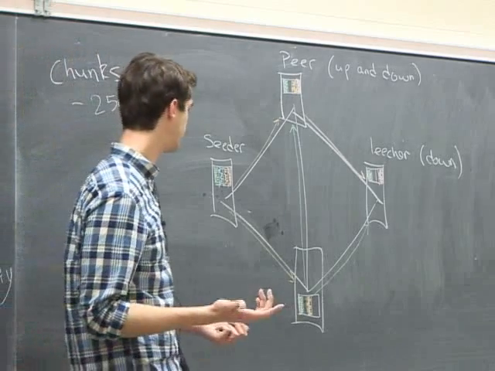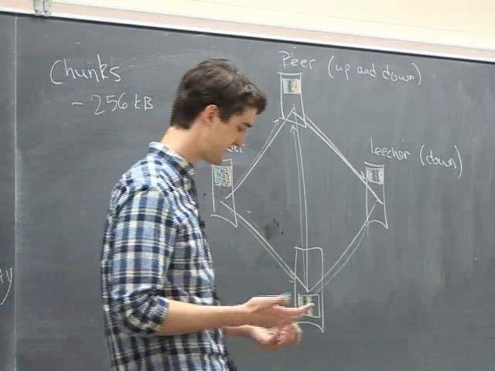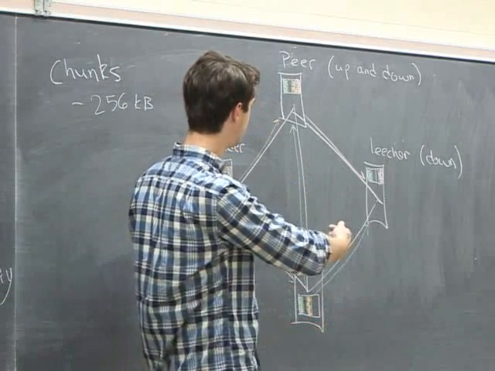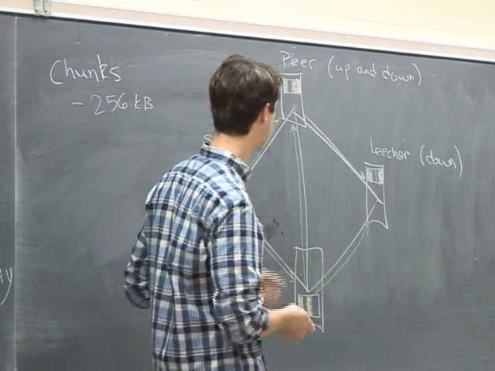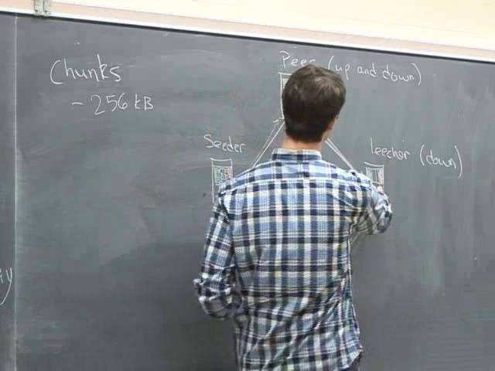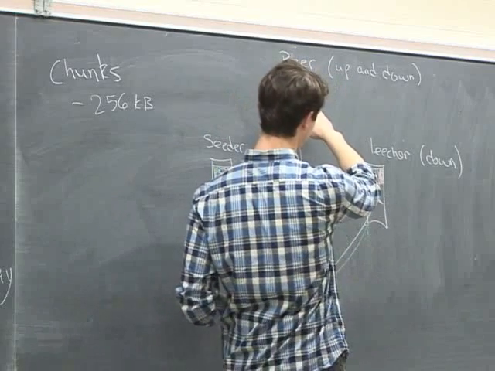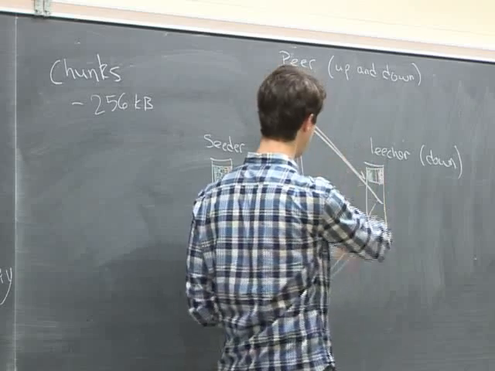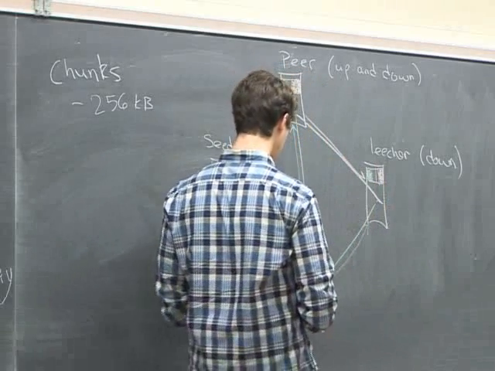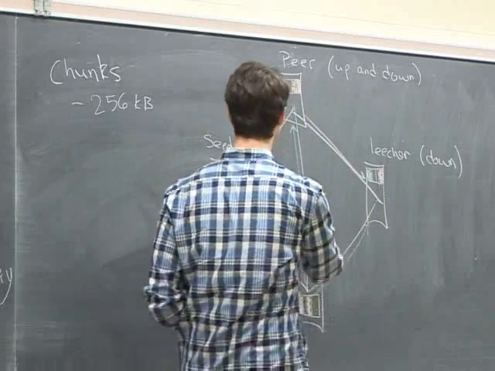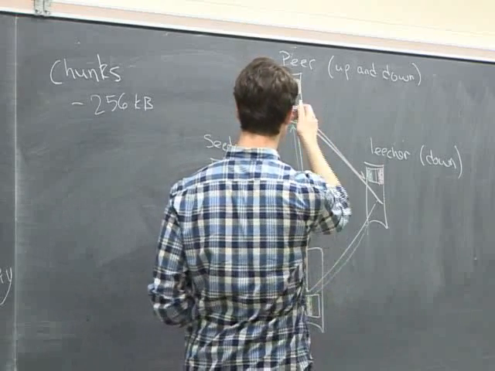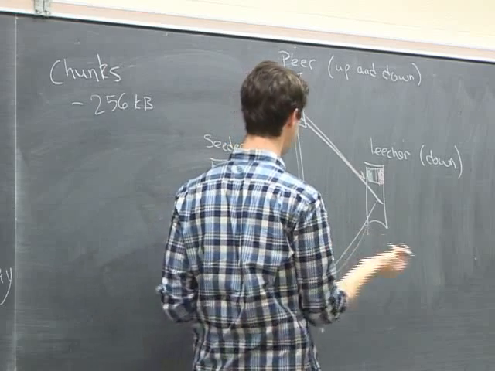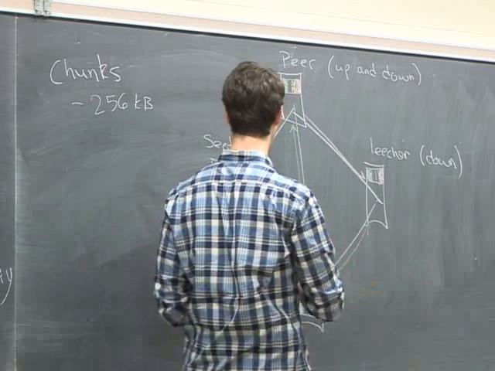But let's actually look at what happens. We're at the end of the second time step. So let's say now the third time step starts. This leacher is going to ask one of these two nodes for the orange chunk, because it has the other ones. And these guys will ask the seeder for the blue chunk because it's the rarest chunk.